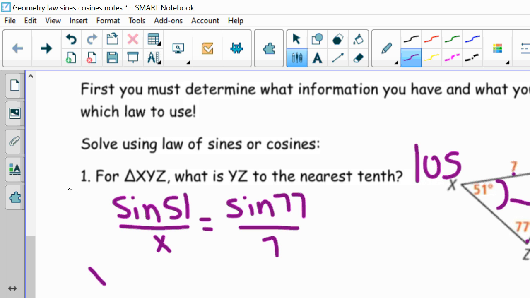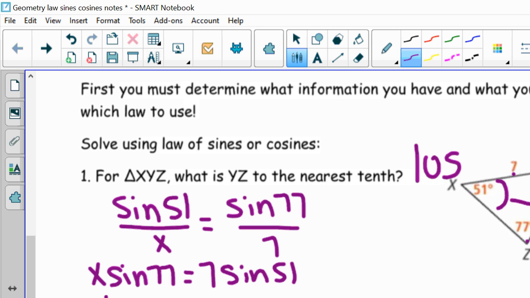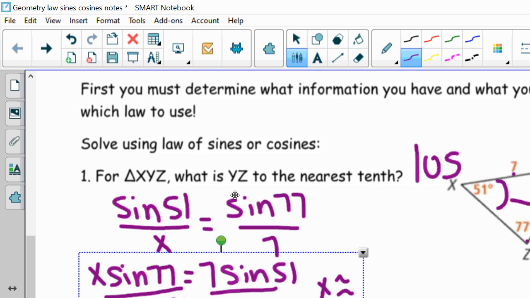So I get x times the sine of 77 equals 7 times the sine of 51. I'm trying to get x by itself, so divide everything by the sine of 77. So x is approximately, because it says to the nearest tenth, in our calculators we would put 7 times the sine of 51, and then divide that by the sine of 77, and we get approximately 5.6.